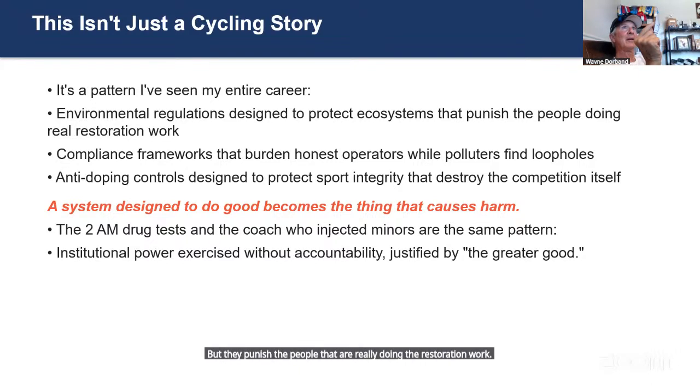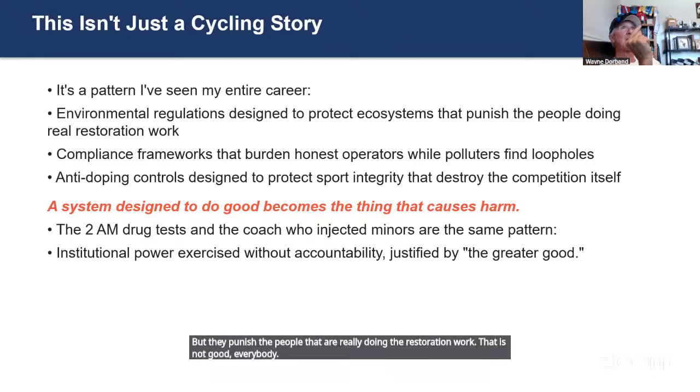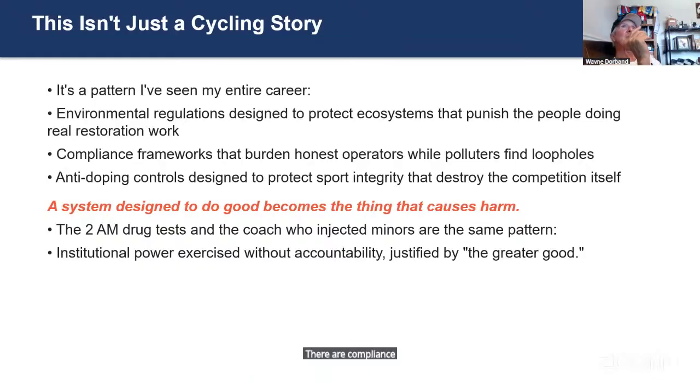That is not good, everybody. That's very much like this cycling story I just told. There are compliance frameworks that burden the honest operators while it lets the polluters, usually the wealthy companies, find loopholes.